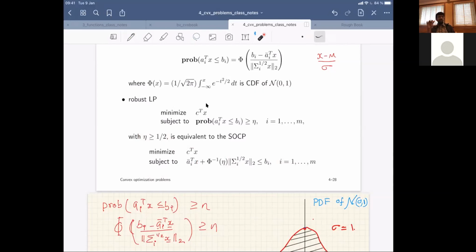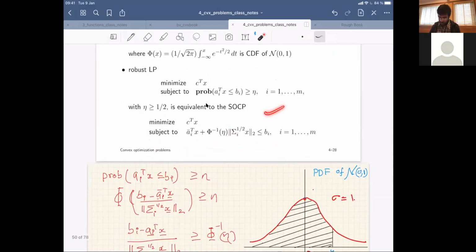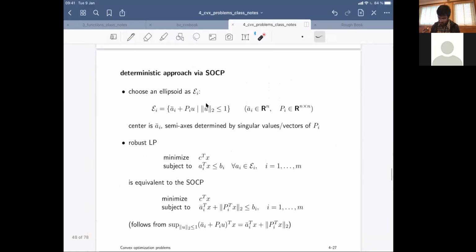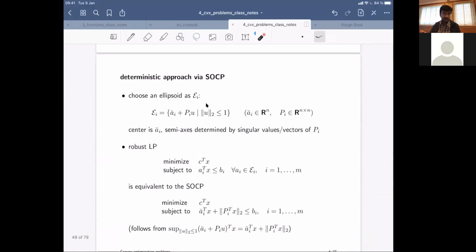So in useful practical applications, when your probability is high, this will readily be an SOCP. Yeah, so that's it. We saw two approaches. We were learning SOCP, and then we saw that an LP where there is randomness associated with the coefficients can be dealt with using the framework of an SOCP.